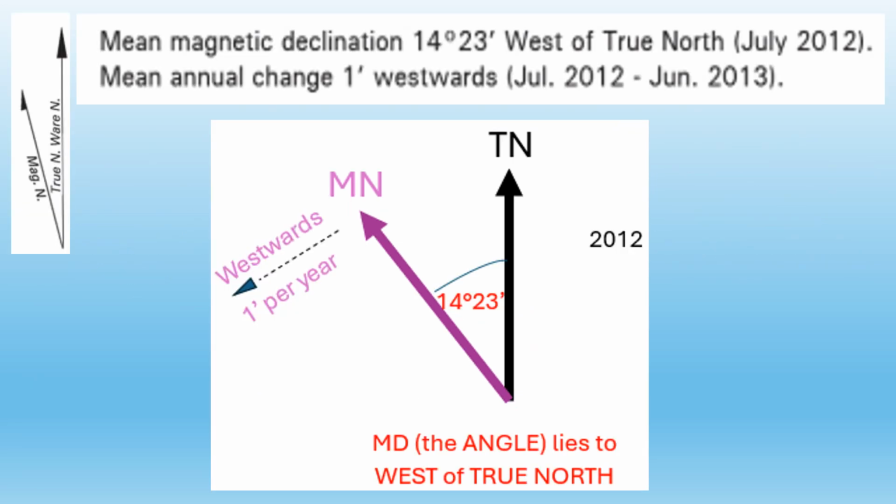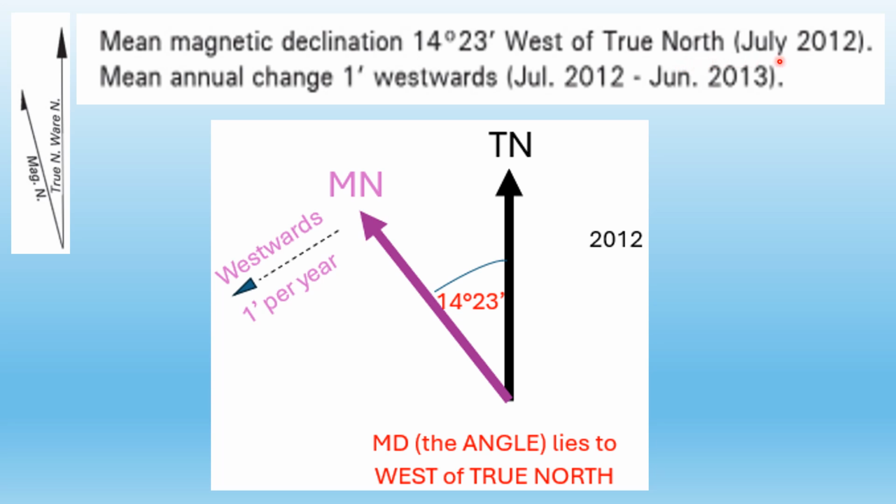Our example reads as follows: the mean magnetic declination is 14 degrees 23 minutes west of true north, July 2012, mean annual change 1 minute westwards, July 2012 to June 2013. So let's try and make sense of the information that has been given to us. The information states that the mean magnetic declination is 14 degrees 23 minutes west of true north.